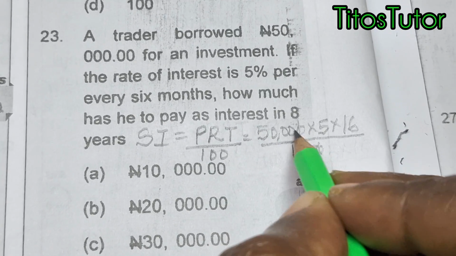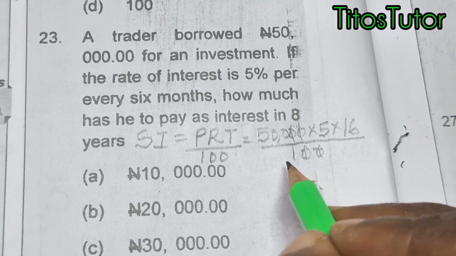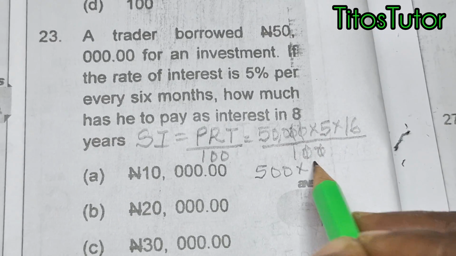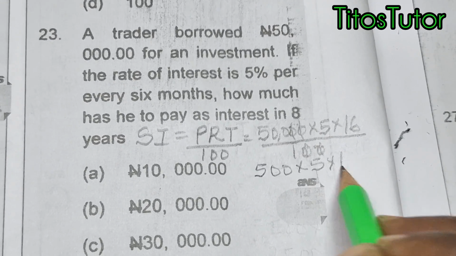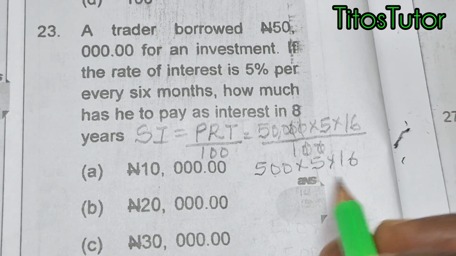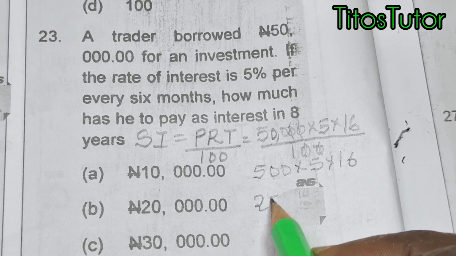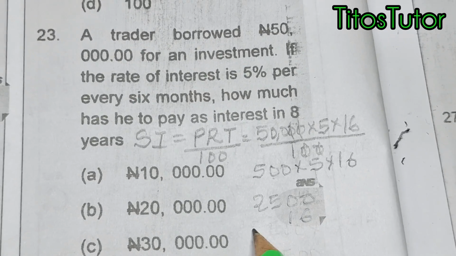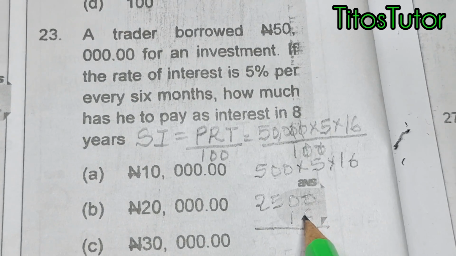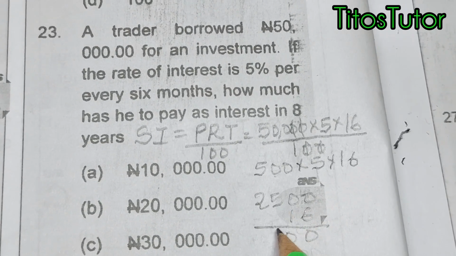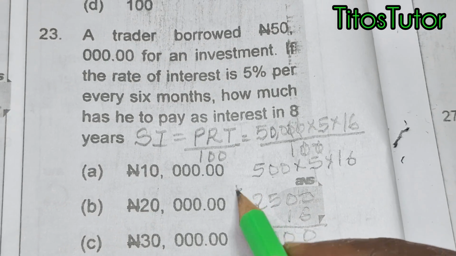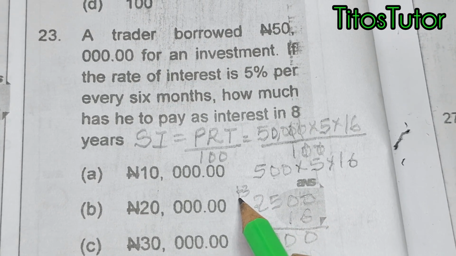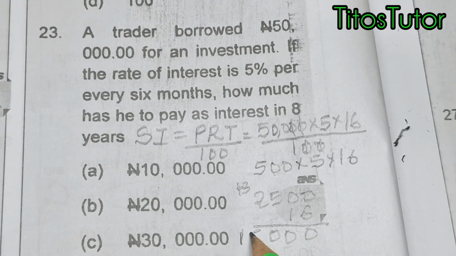2 zeros cancel, so I have 500 multiplied by 5 multiplied by 16. 500 times 5 is 2,500. Now I'm going to multiply this by 16. 6 times 0 is 0, 0, 30, 0 plus 3. 12 plus 3 is 15.